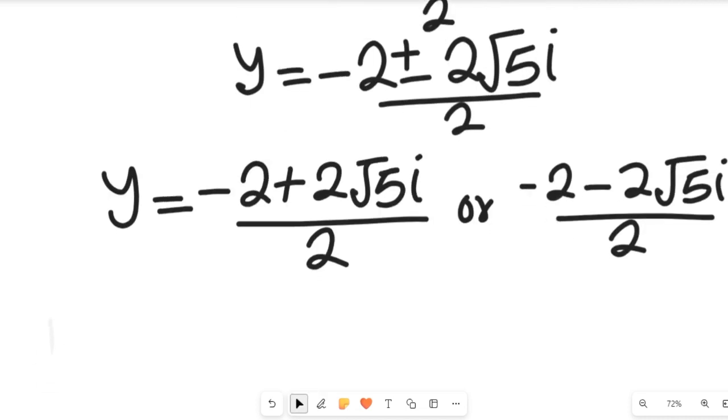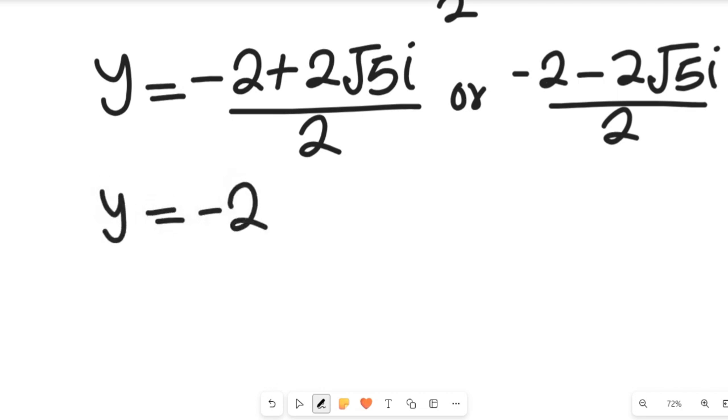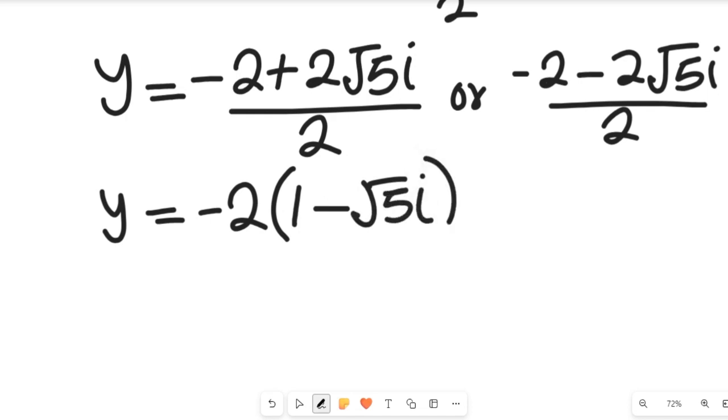Those are the two imaginary solutions. So let's simplify the two expressions. Y will be equal to negative 2 is common, so we're going to bring it out, and this will give us 1 minus root 5 imaginary, divided by 2.